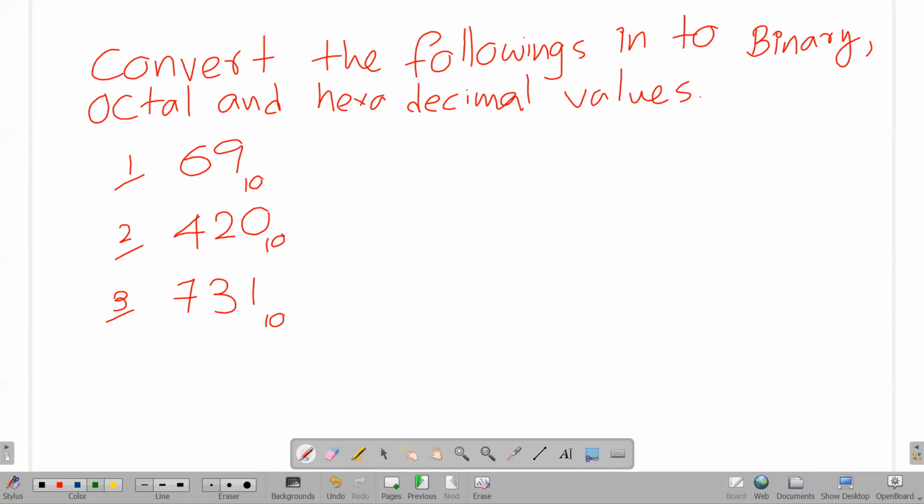So you have to convert each and every value to binary, to its octal, and to its hexadecimal. So 3 conversions regarding one particular question.